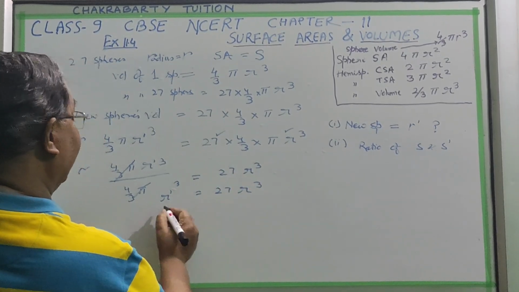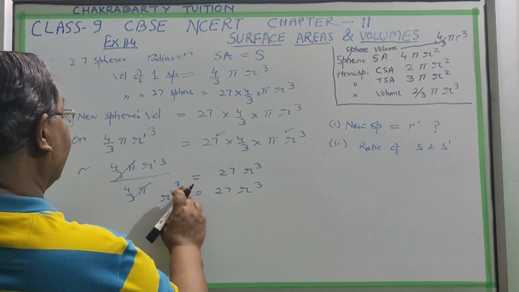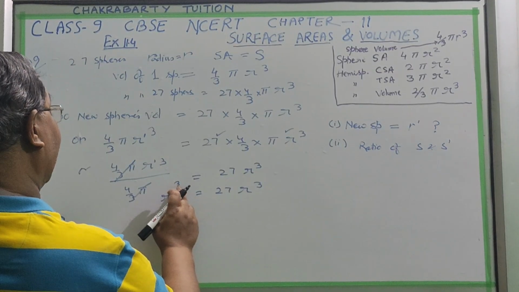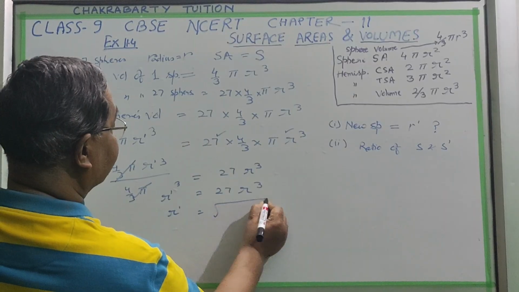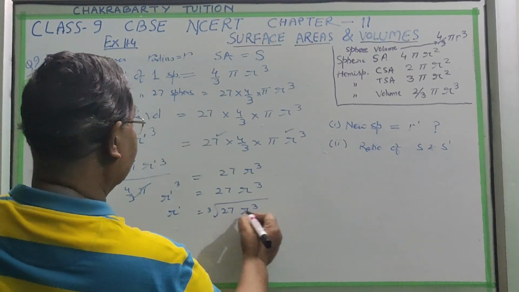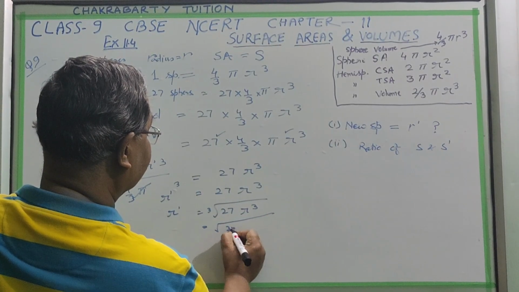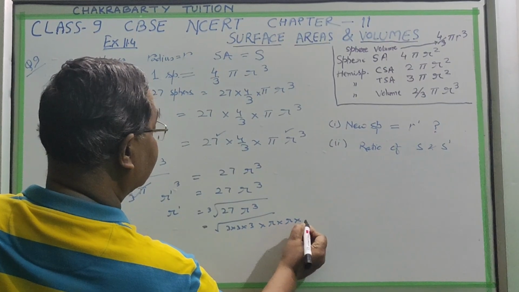As the power is the same, we can take the cube root. So r dash is equal to the cube root of 27 r cube. How will this come? This will come as 3 into 3 into 3 into r into r into r.